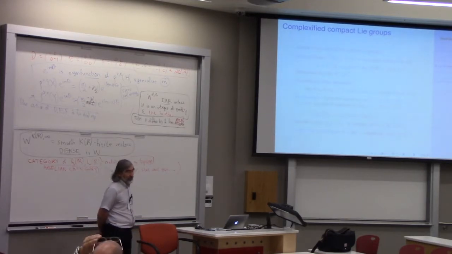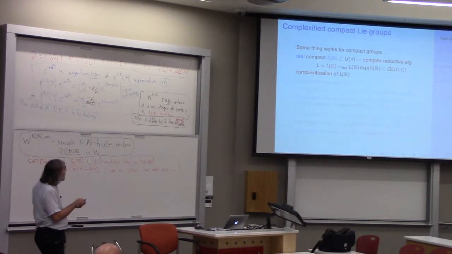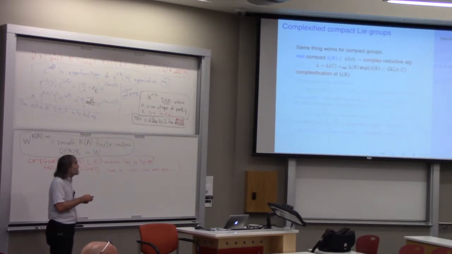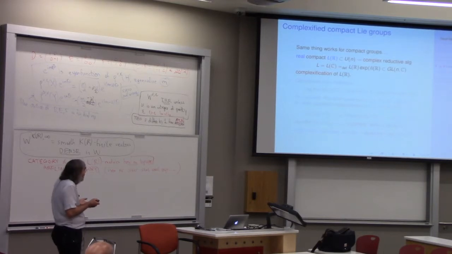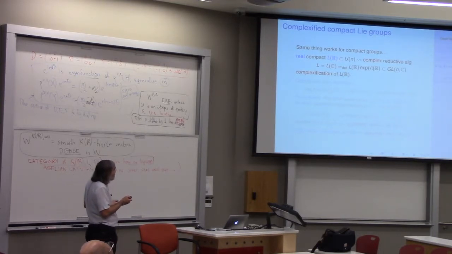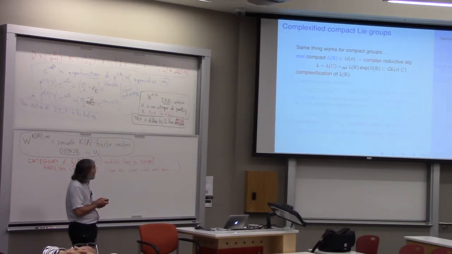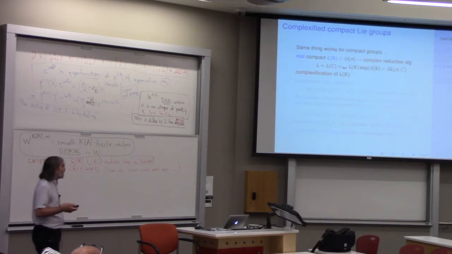Same thing works for groups, and Jeff talked about this yesterday. If you have a compact group, or compact Lie group, you can put it inside some unitary group. And out of that subgroup of the unitary group, you can make a complex reductive algebraic group. What you do is you take this subgroup of the unitary group, and this Lie algebra L of R consists of skew Hermitian matrices.